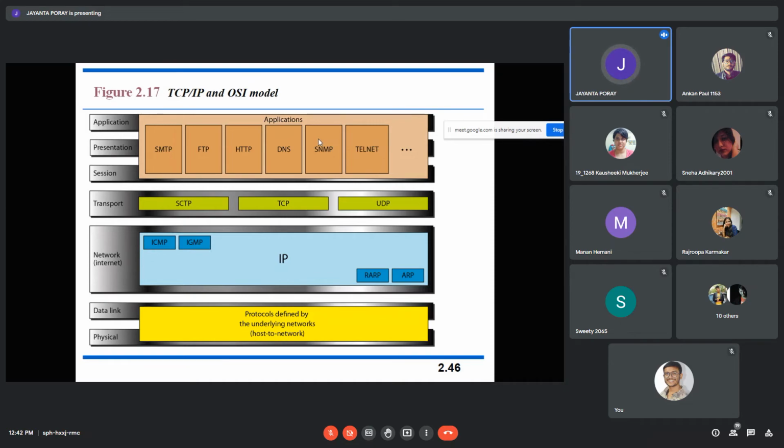For your placement, a little detailed understanding of all these protocols is required. ICMP, IGMP, DHCP, RARP, ARP: how these actually work, what their detailed technical flow is.